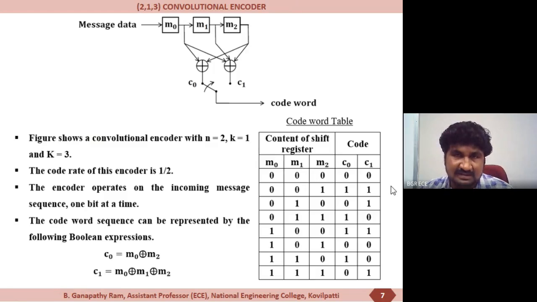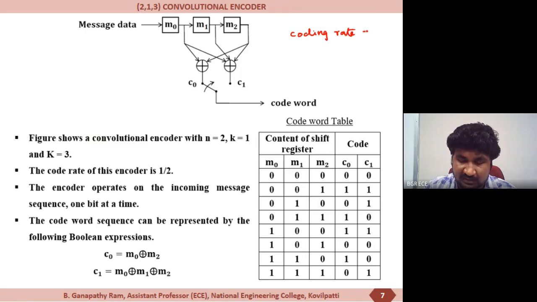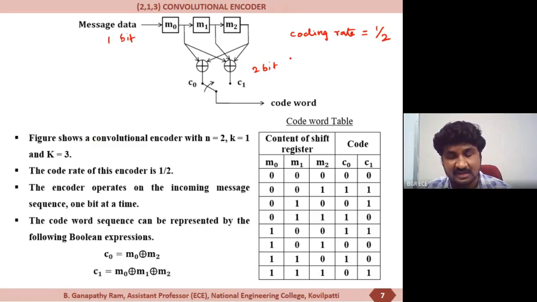Let us consider the example of the 2, 1, 3 convolutional encoder, which is having a coding rate of 1/2, since it is having only 1 bit message word and 2 bit code words.